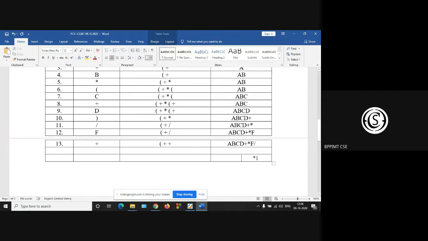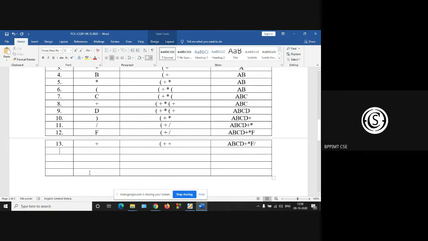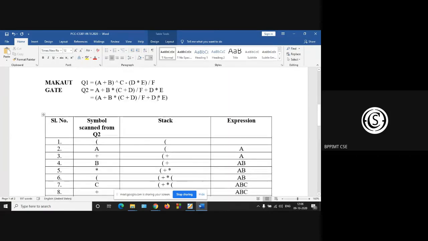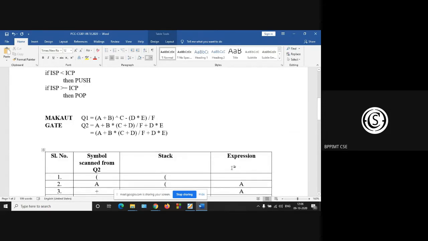Next row below. Again below insert. So number 14. Number 14 symbol was your D. Okay. So D is an operand. Just one second.